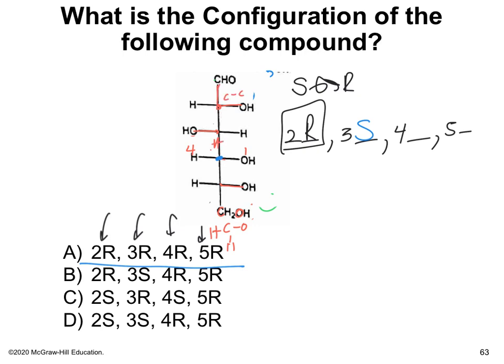So this one's going to be number 2, and this will be number 3. So now we connect 1, 2, 3. That is S, but remember hydrogen's on the bow tie, so S becomes R. That's 4R. And then we have our last stereocenter.